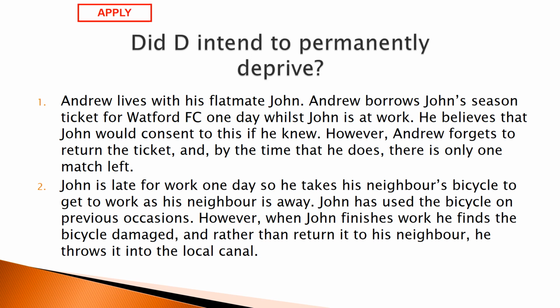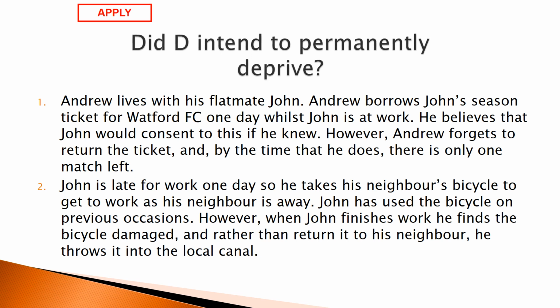Okay, so hopefully you've identified for number one that Lloyd, the case of Lloyd, would be used here. So returning the season ticket with one match left, we could say that Andrew intended to permanently deprive John of the season ticket here.